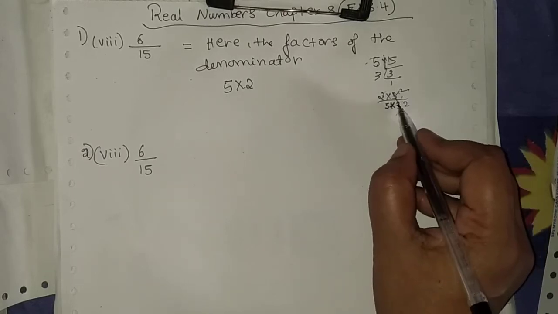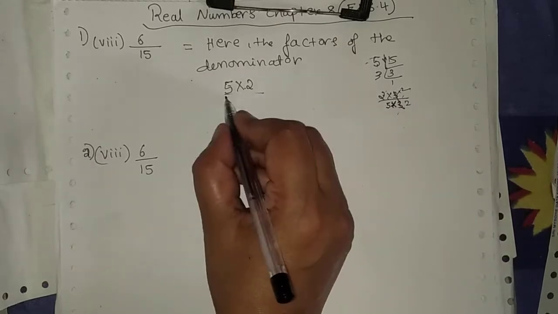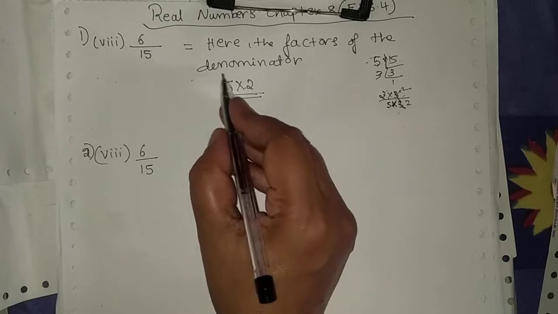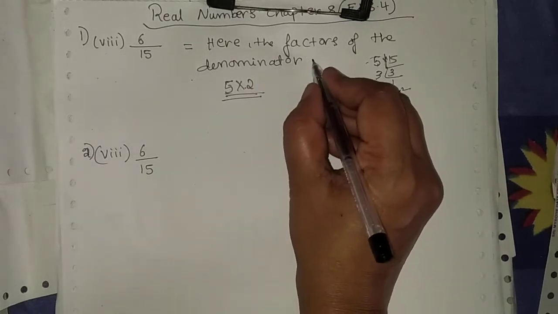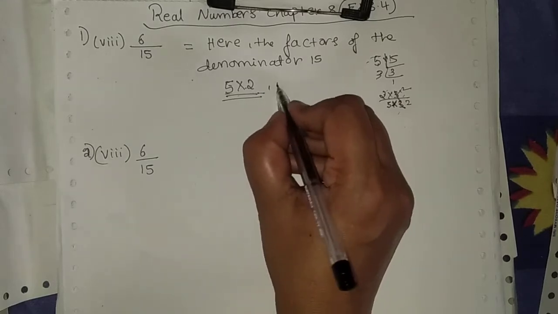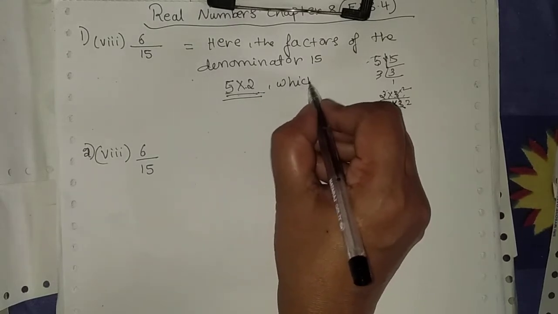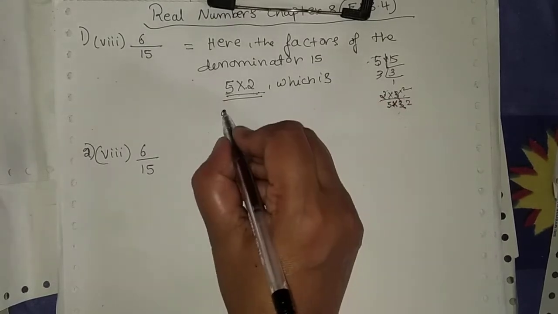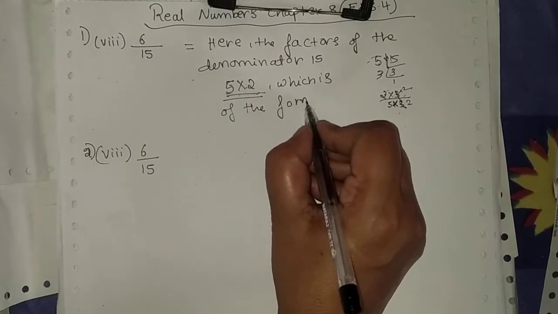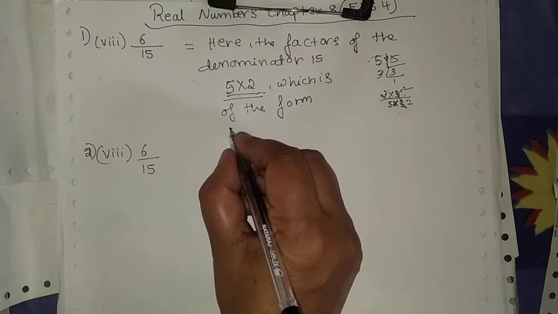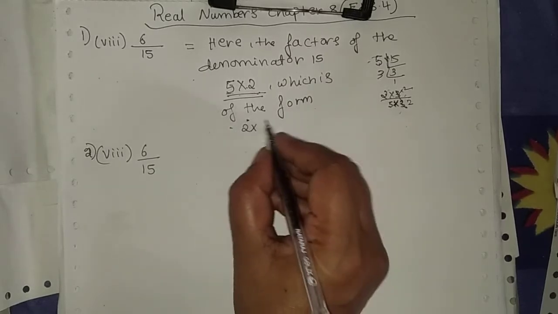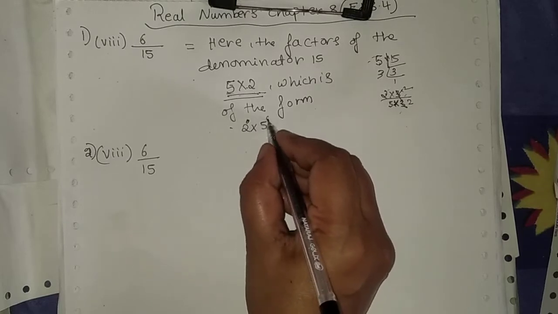So this is the solution for this one. So 5 into 2 we are getting this form. So here the factors of the denominator, 15 is 5 into 3, which is of the form 2 into 5, or some power we can write.